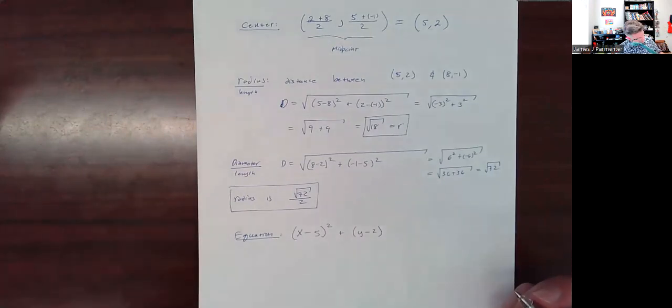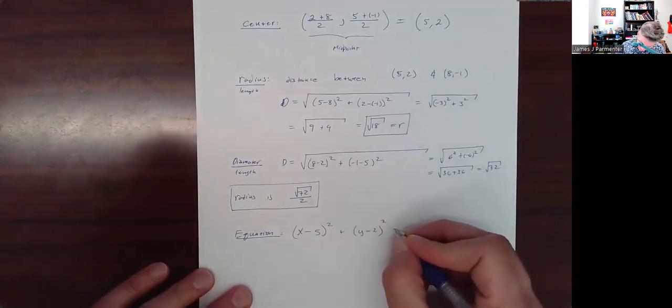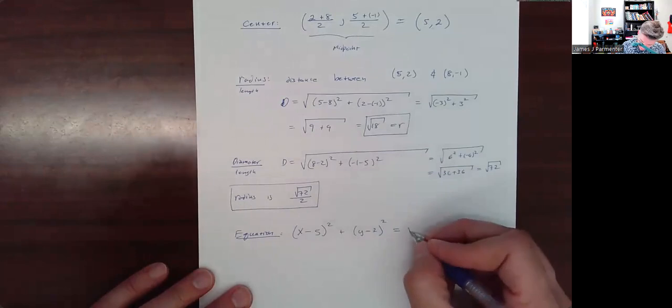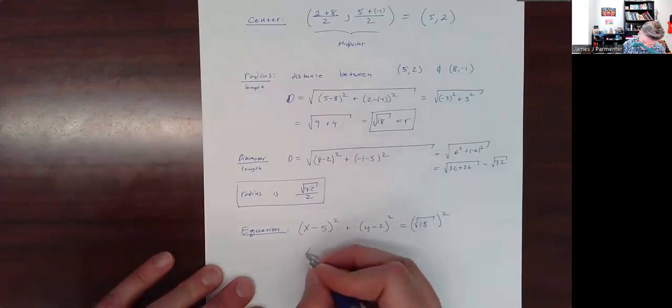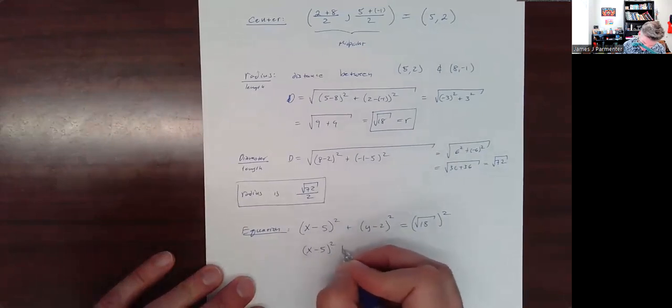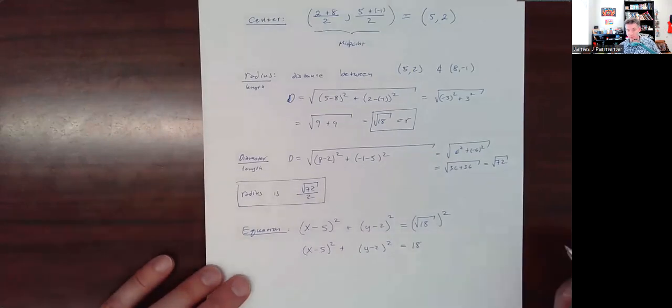That's an oversight. I should have made one of them negative. And then that's going to equal the radius squared, so the square root of 18 squared. And simplifying, I get x minus 5 squared plus y minus 2 squared equal to 18, because the square root of 18 squared is 18.